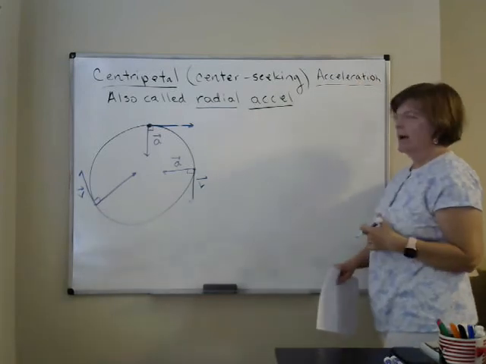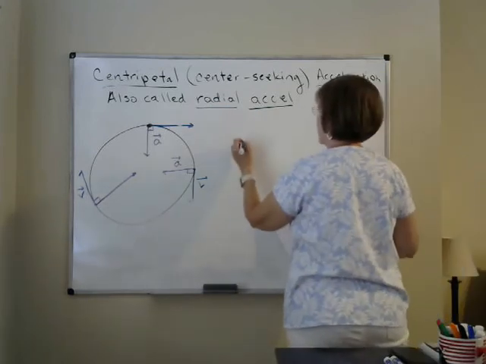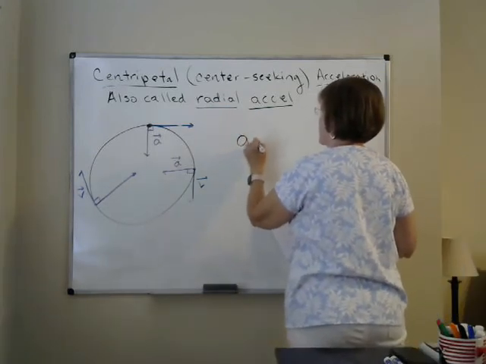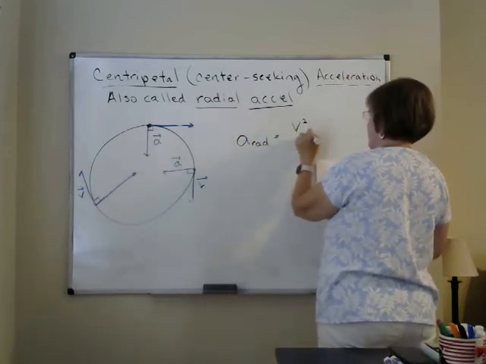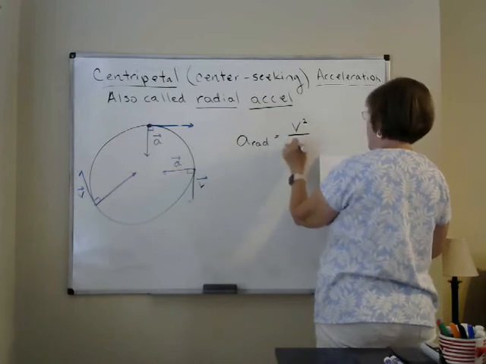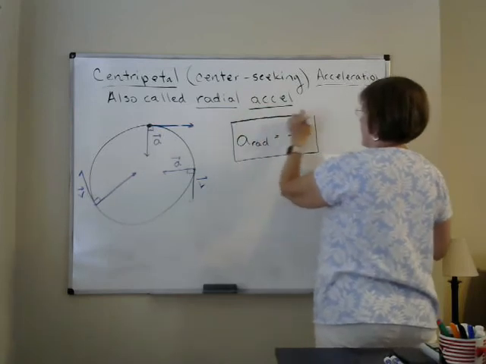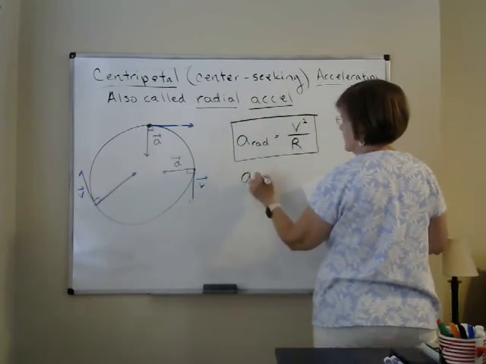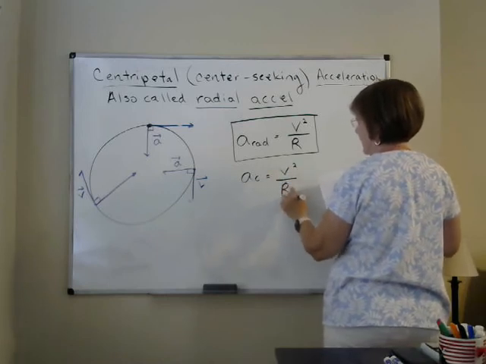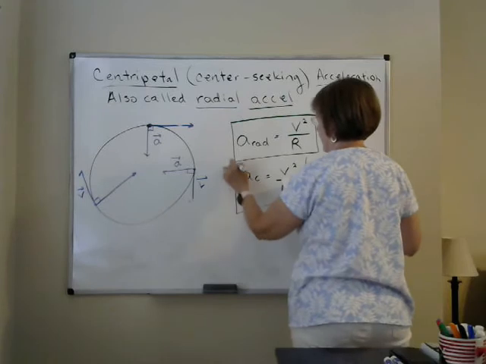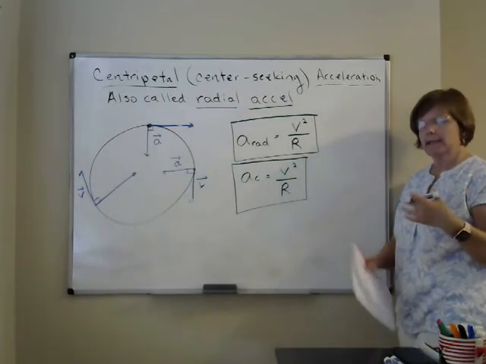I'm not going to derive the formula. It's a little bit tricky with the vectors, so we're just going to give that to you. The radial acceleration is equal to v squared over r. You may also see this written with the little c for centripetal. This book uses a capital R when we have a definite radius of a circle.